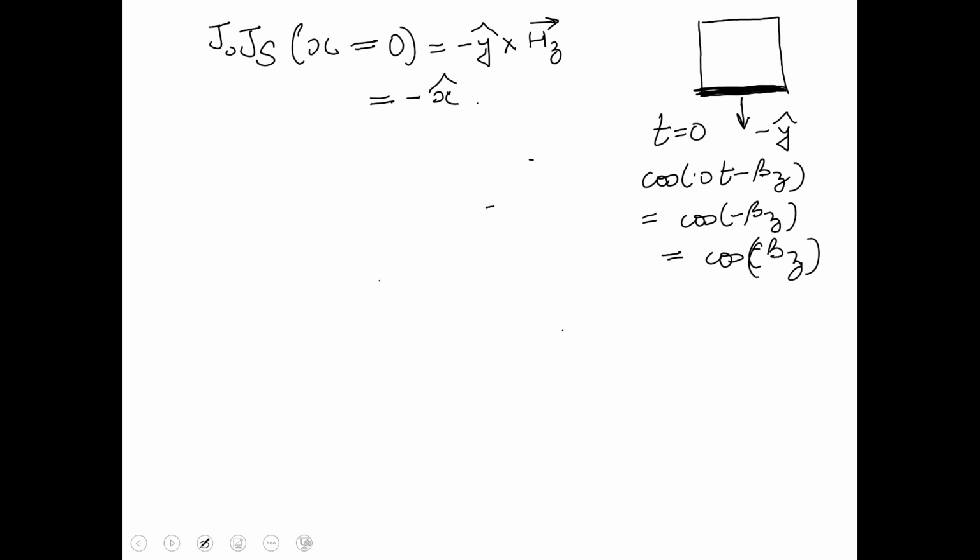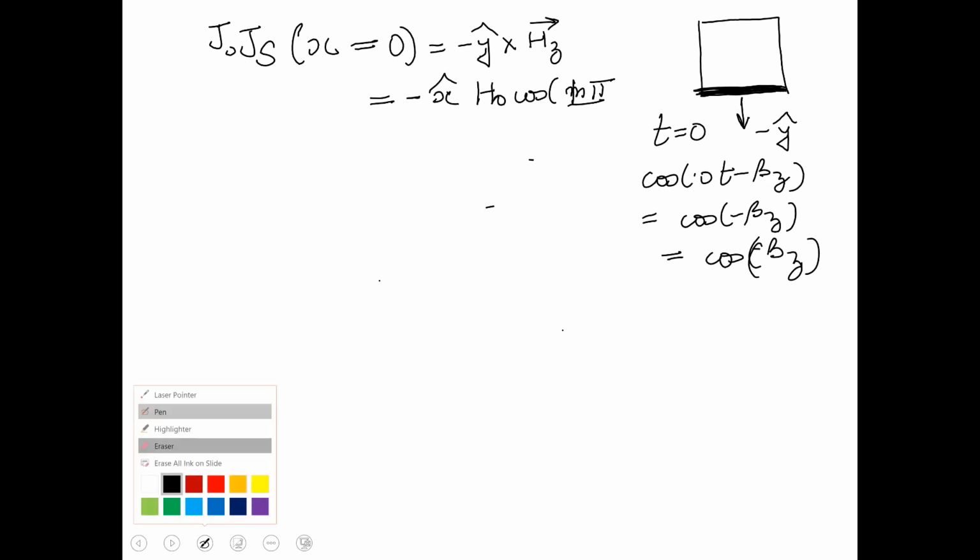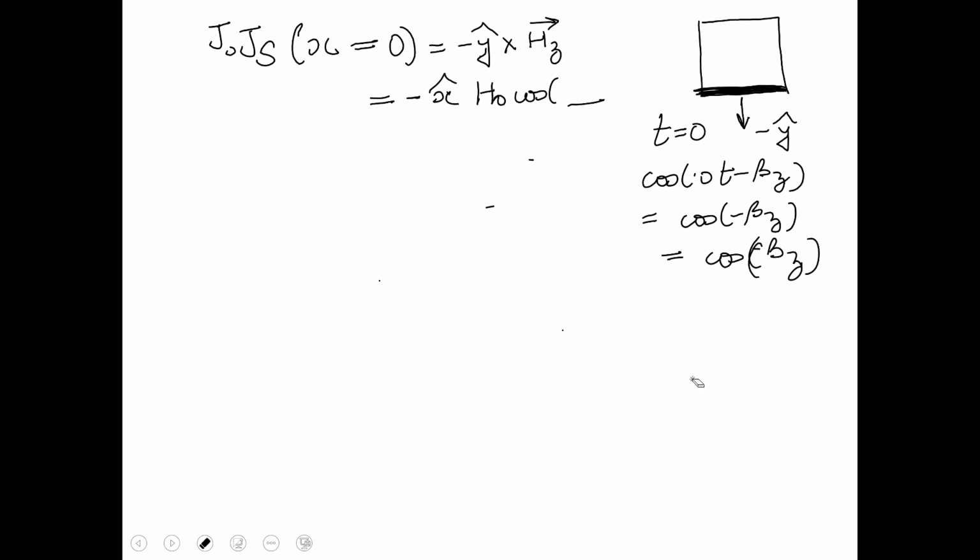h naught cos of m pi, or m is 1. So pi, m is 1 in this case. So pi by a x.